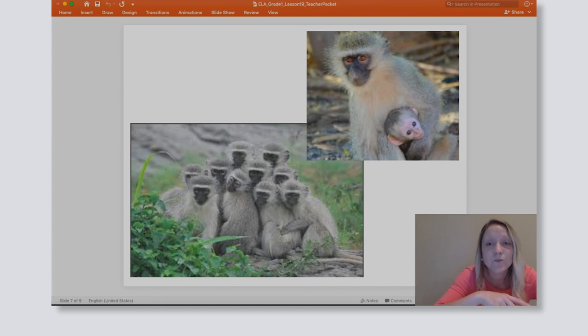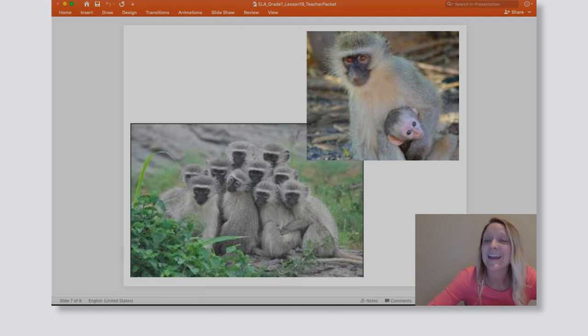Because the text says, watch out, be careful. You've heard your parents or teachers say these things to you when you play, right, boys and girls? So the animals had to learn about the dangers in their world, just like we did, right? So do you think that the monkeys are learning how to stay safe?